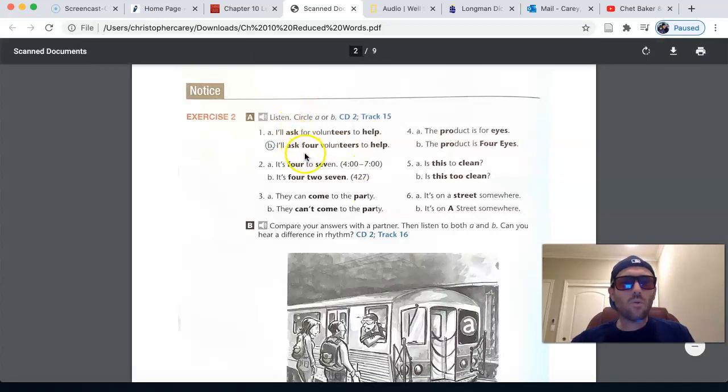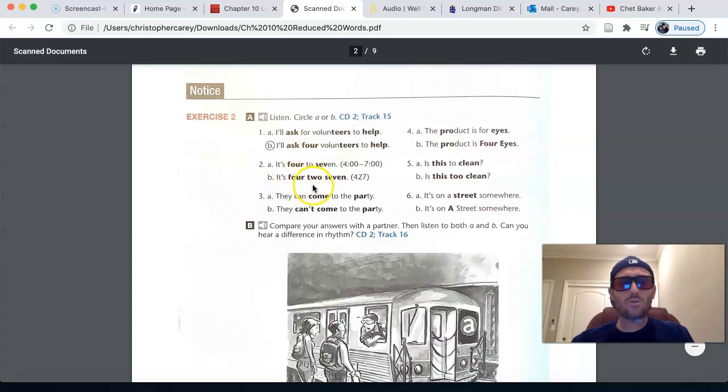I'll ask 4 volunteers to help, instead of I'll ask for volunteers to help. No stress, stressed. Information, content word, and that's why B for number 1 and also B for number 2.